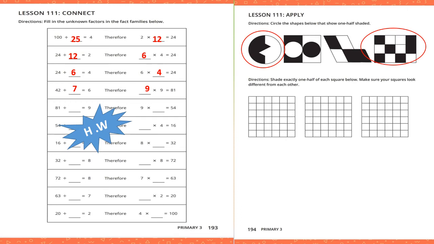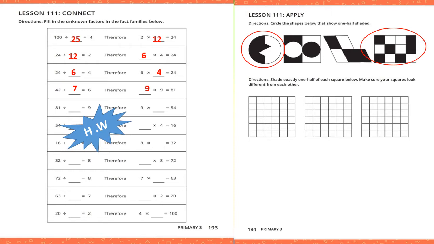Yes. I will count how many black small squares and how many white. If they are the same, it will be half of the shape. Let's count here: 1, 2, 3, 4, 5, 6 black and 1, 2, 3, 4, 5, 6 white. So this is 1/2 shaded. So I will make a circle.